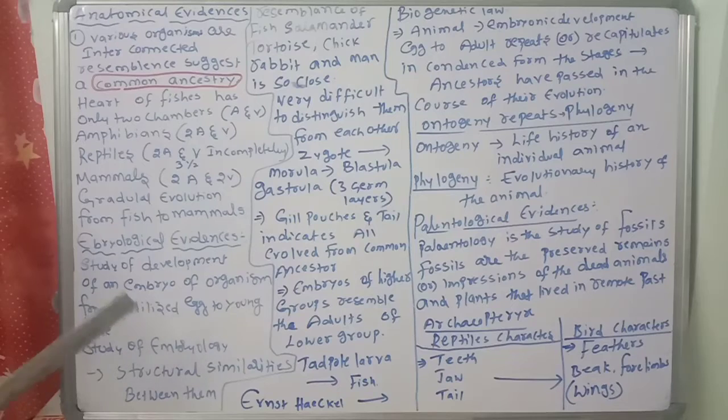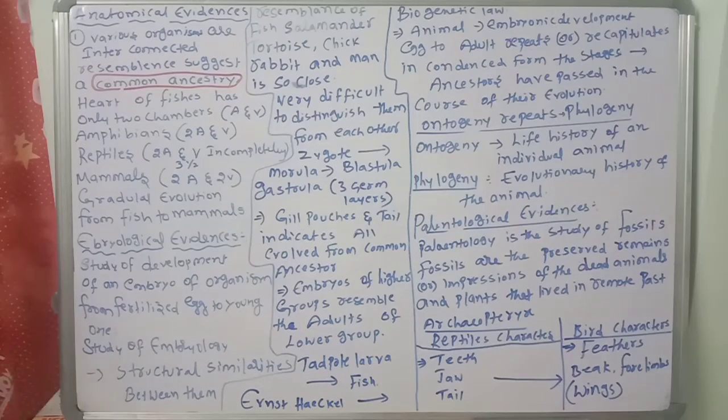So the fertilized egg will be converted to 2-cell stage, 3-cell stage, a group of cells, a 2-layered embryo with 3 germinal layers: blastula, gastrula, like that. The total study of development of an embryo of an organism from fertilization to young one formation is called embryology.